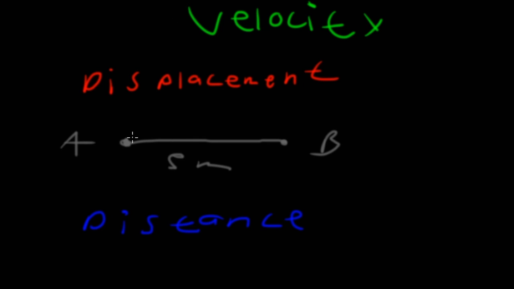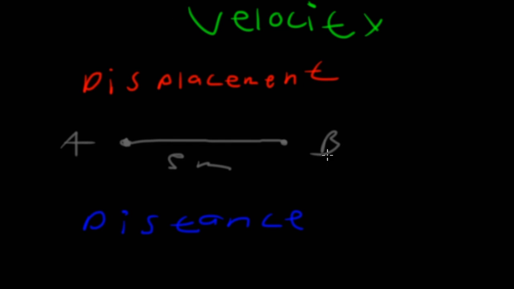because it's sitting where it started, so it's not apart from its zero position. But in terms of distance, which is how far an object moves, if it went from A to B, it would also be 5 meters because it moved 5 meters, which is the same as the displacement.